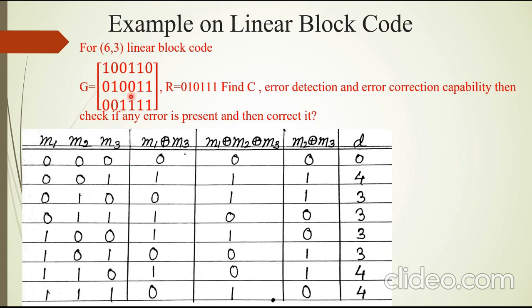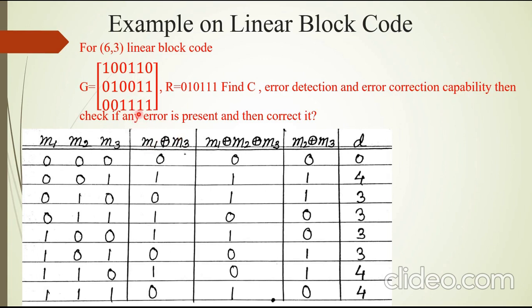This is my first parity bit, and it can be found using the first column of P, which is 101. This 101 represents M1 is 1, M2 is 0 and M3 is 1.